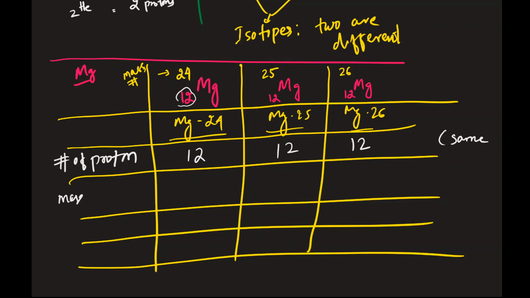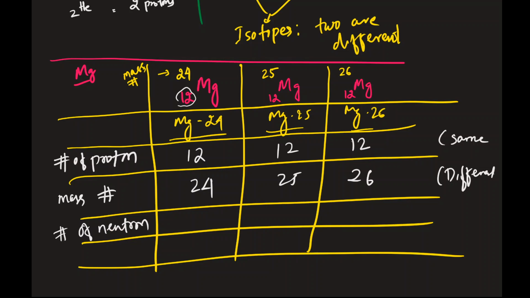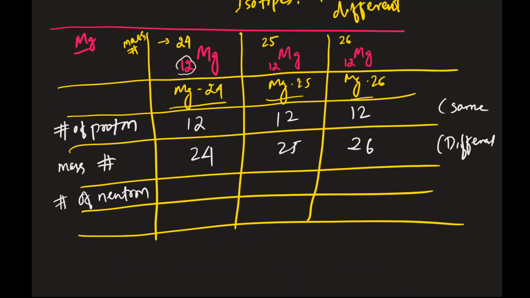Mass number: one is 24, one is 25, one is 26, so it is different. Number of neutrons: how can we find it? 24 minus 12 is 12. 25 minus 12 is 13. 26 minus 12 is 14. So we found that all of these isotopes have a different number of neutrons.